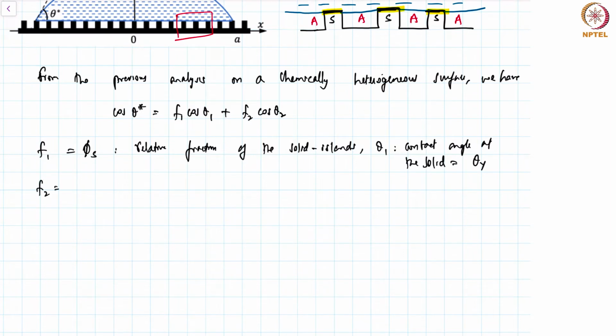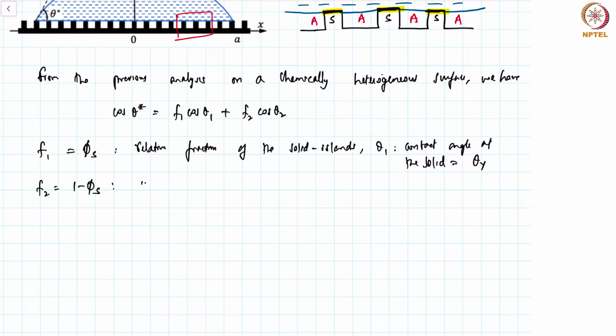F2 is nothing but 1 minus phi s, because if I take the entire surface, and the fraction of the surface which is occupied by these pillars is phi s, then the rest of it has to be air pockets. So this is the width of the air pockets.